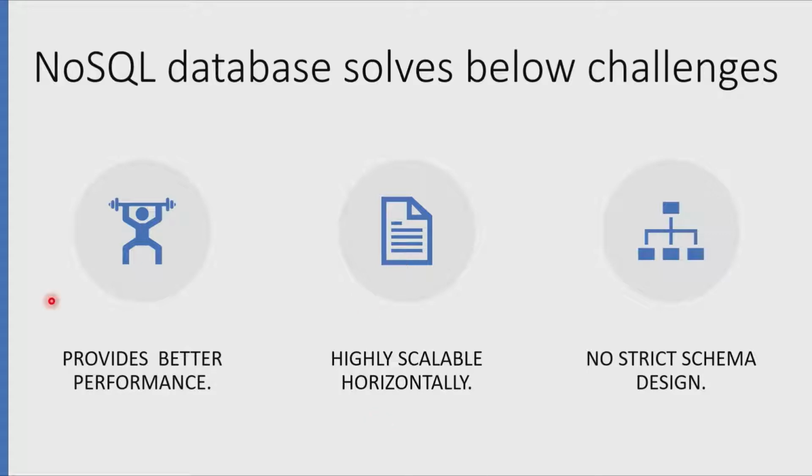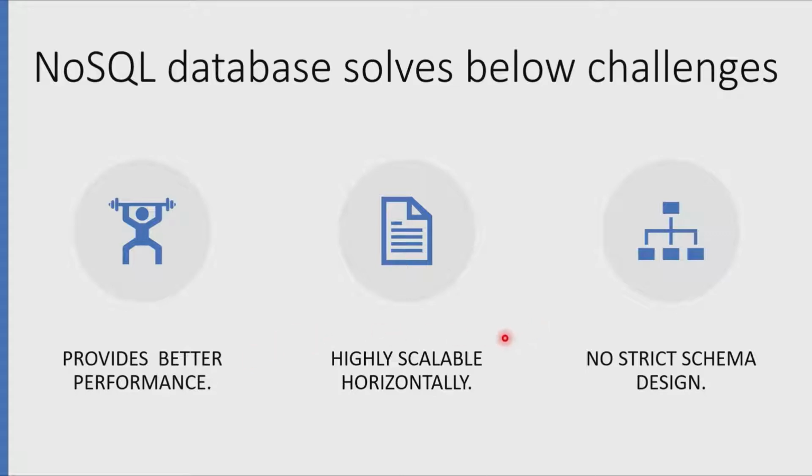It provides better performance because of indexing and replication, and you don't have to refer to multiple tables. Everything is within one collection. You can have a variety of documents within one collection. In later videos, we will see what a collection and a document are.